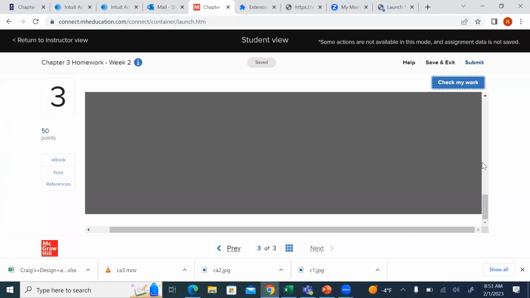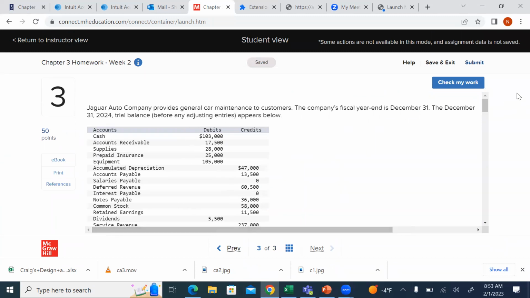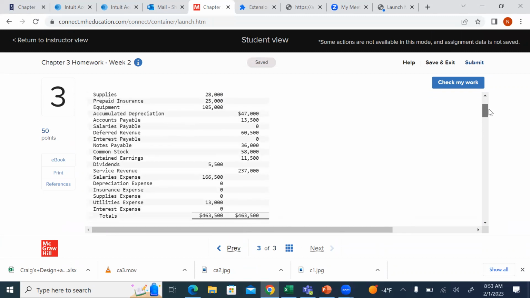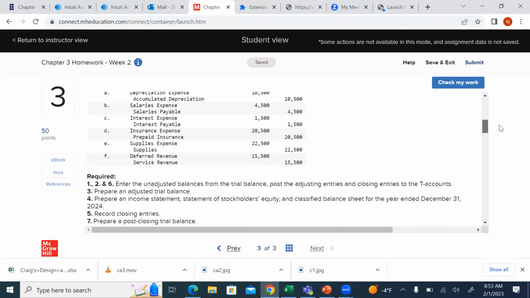Now, we have posted everything to the unadjusted trial balance. Now it says post the adjusting entries.